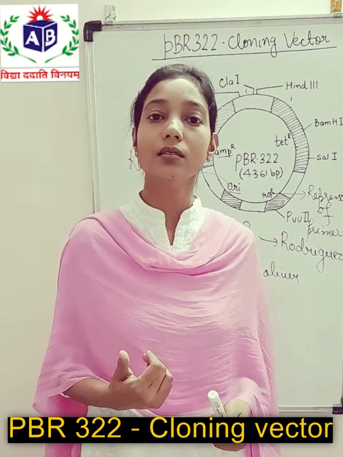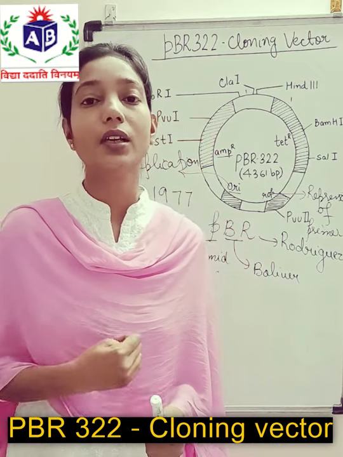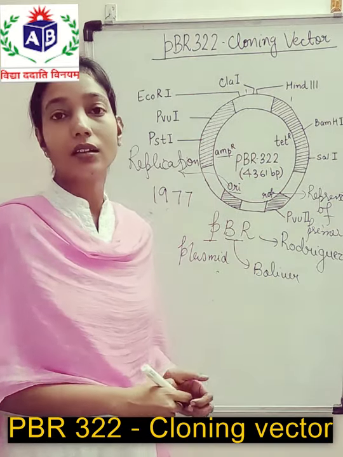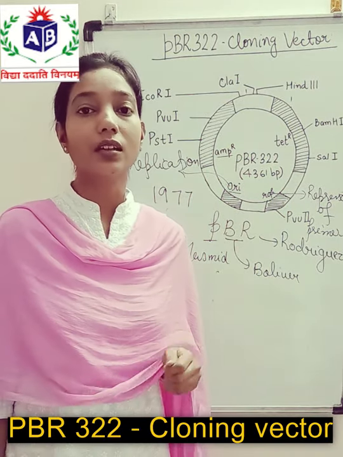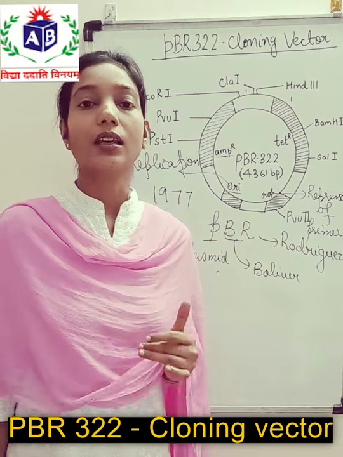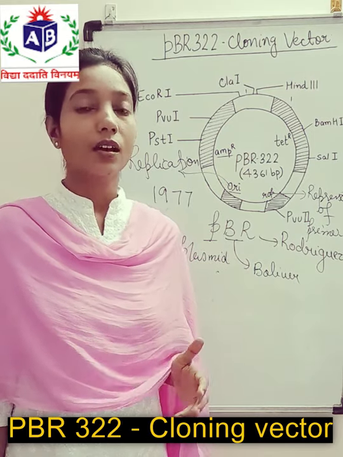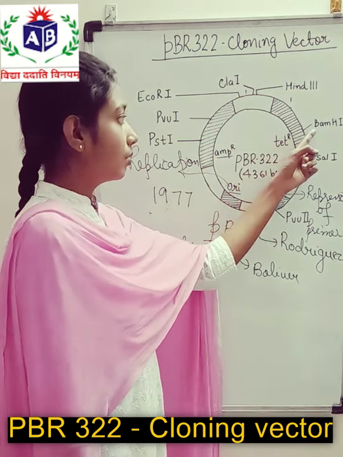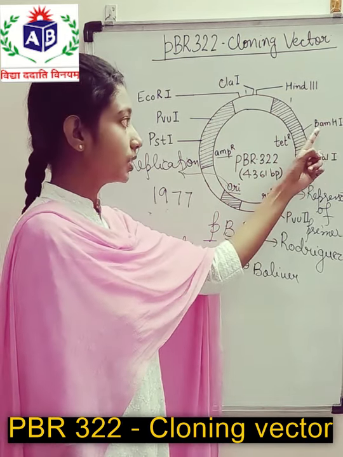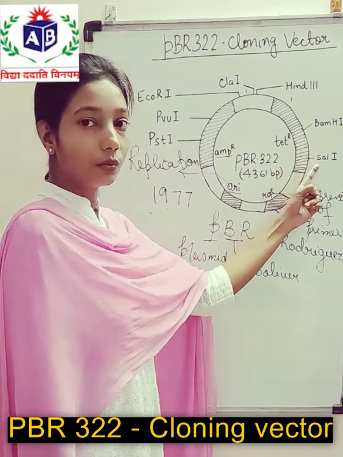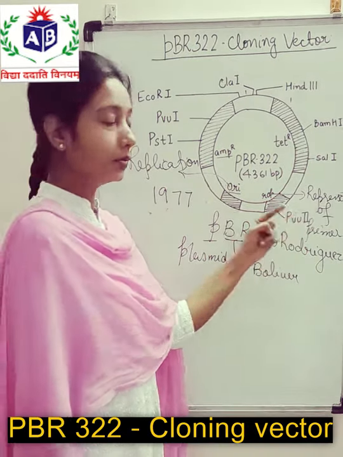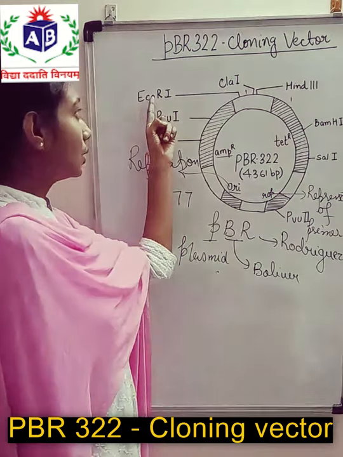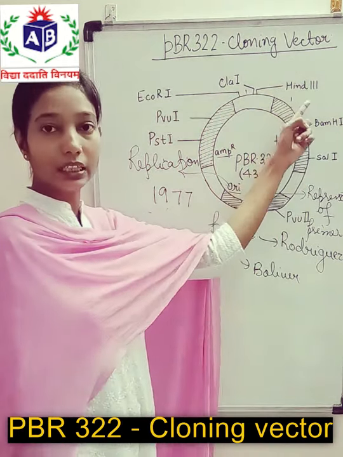Now the fourth and very important component present in pBR322 is the recognition sequences for various restriction enzymes, and they are called the cloning sites. The various cloning sites seen in pBR322 are BamHI, SalI, PvuII, PstI, PvuI, EcoRI, ClaI and HindIII.